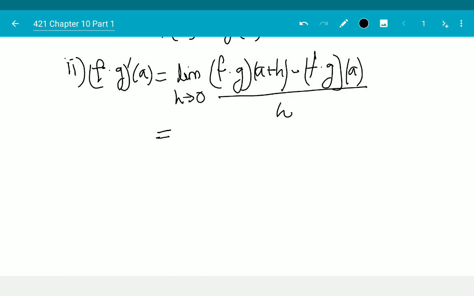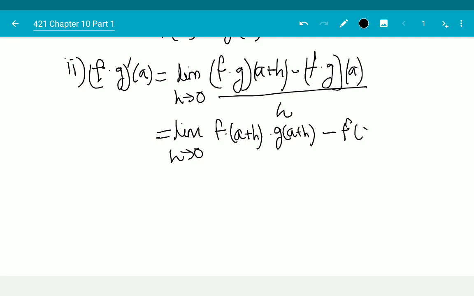Well, I can't simply do this nicely, right? This is going to be f at a plus h times g at a plus h minus f at a times g at a over h, but this doesn't open up nicely.